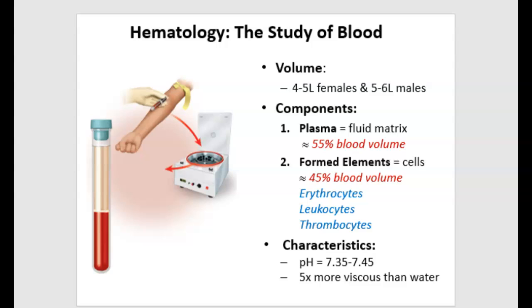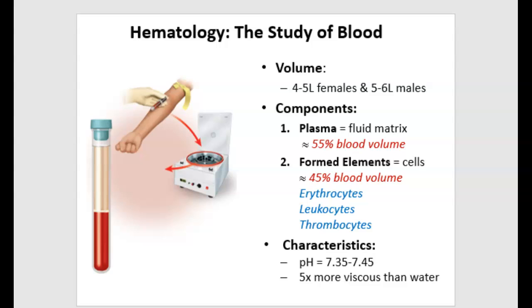Plasma makes up the largest proportion of that volume at 55%, and 45% of blood is due to cells, mainly erythrocytes, although there are other elements, we call them formed elements rather than cells, that are found in blood, and that would include leukocytes or white blood cells and thrombocytes, which are platelets.